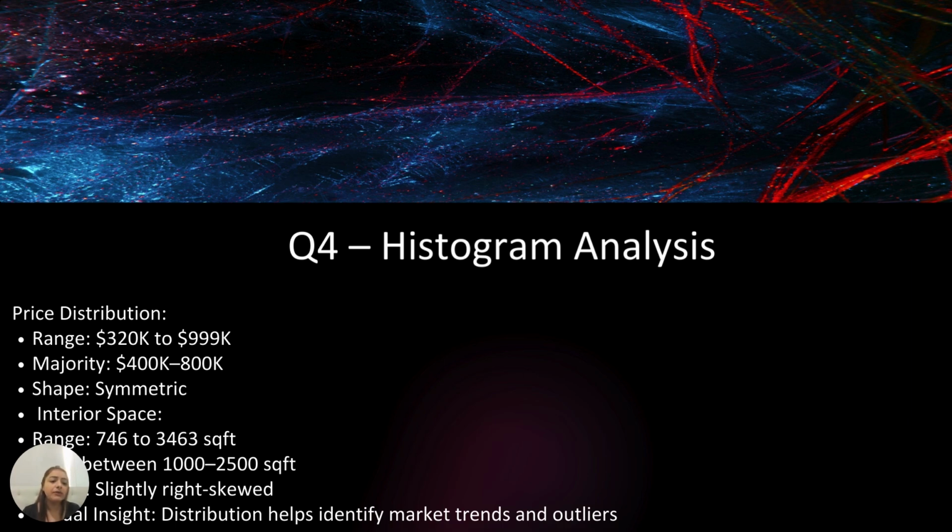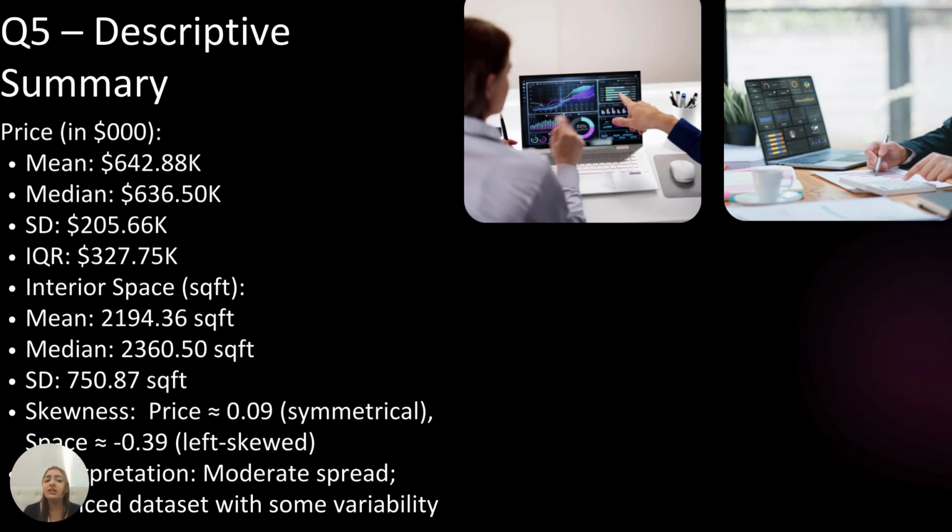In question number 5, we talked about the descriptive summary. Now we move to descriptive summary statistics for both price and interior space. For price, the mean is $642,880. The median is $636,500. Our data is nearly symmetrical with a small standard deviation showing moderate price variation.